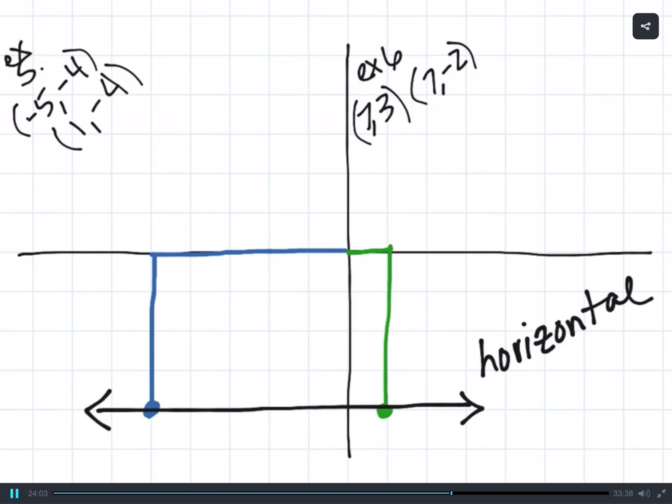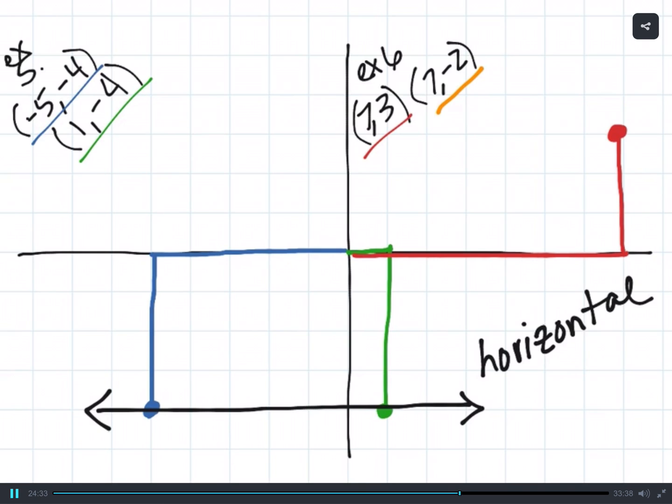Okay, I'm going to do the same thing with example number 6. All right, so I've got my 2 ordered pairs, 7, 3, and 7, negative 2. So let's see, that point was blue, that point was green. Let's do this point in red, okay? So I am going to go over 7 to the right because it's positive, and then I'm going to go up 3 because it's positive, and there's my ordered pair.